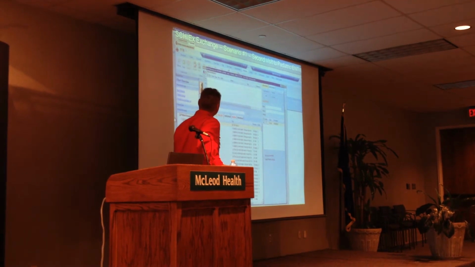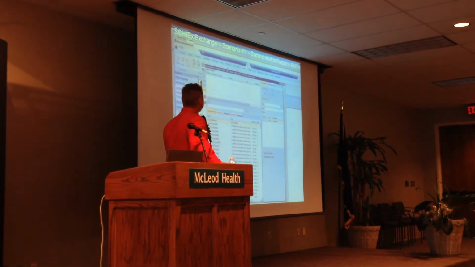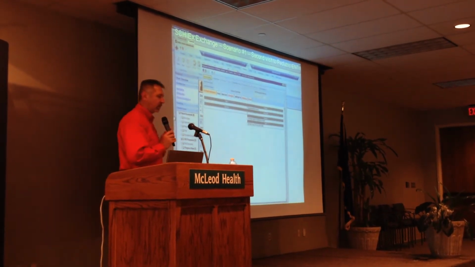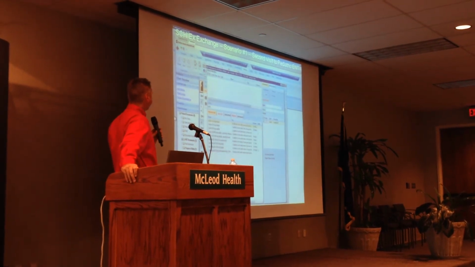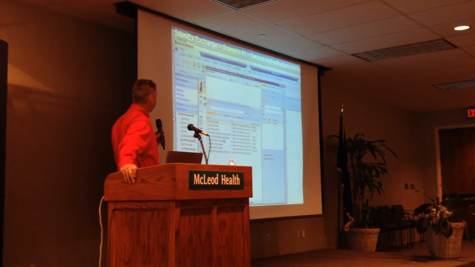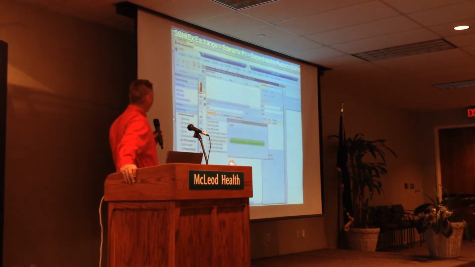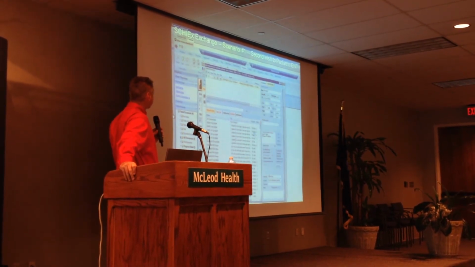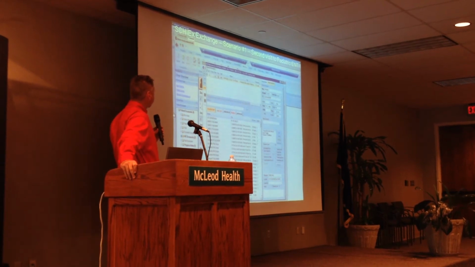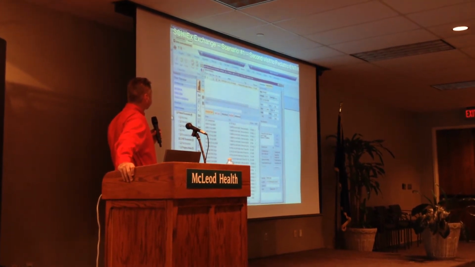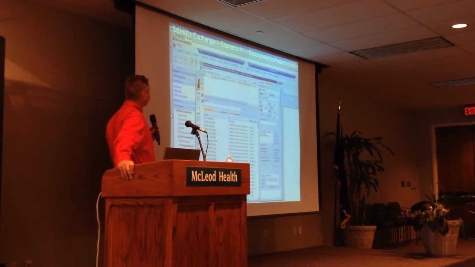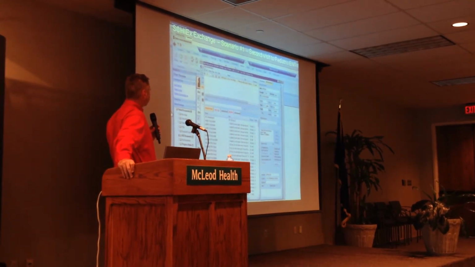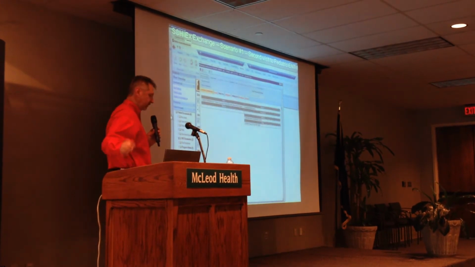Oh wait, we got to do the medication because the patient just had a tube put in, so they need some meds. Be in a little pain. Okay, so we're going to pick that one. RX is generated. Saved into the patient's chart.